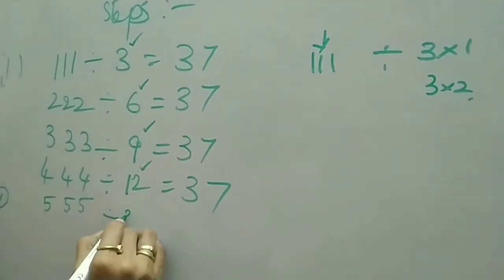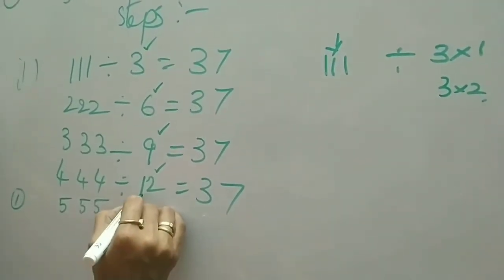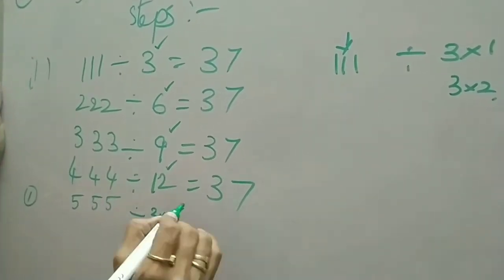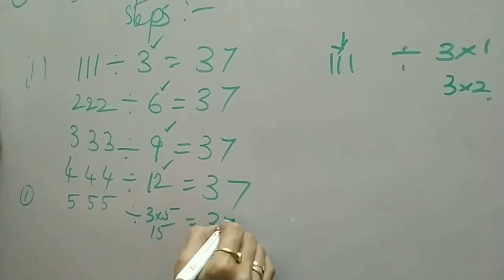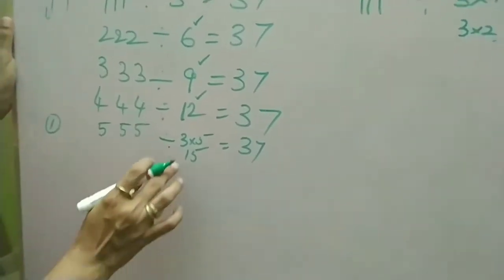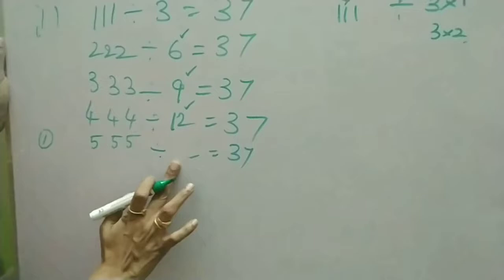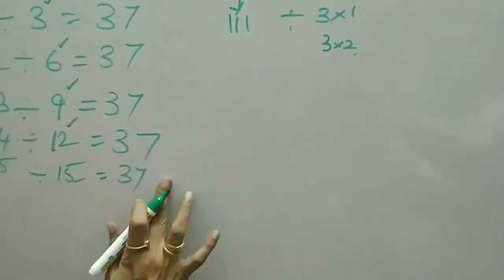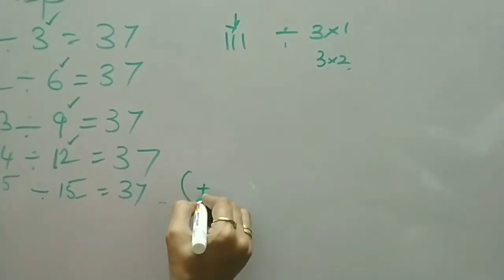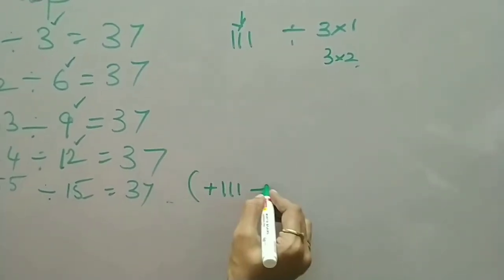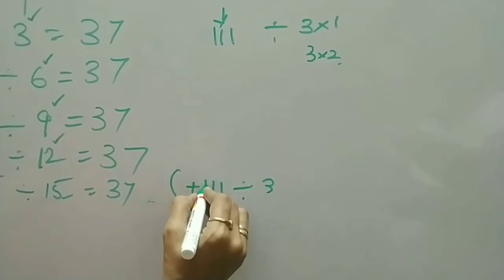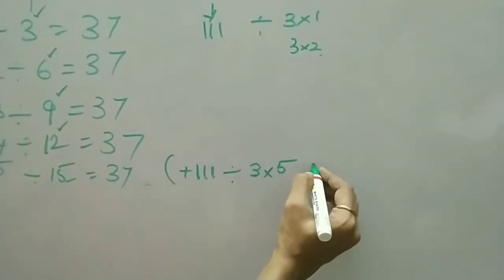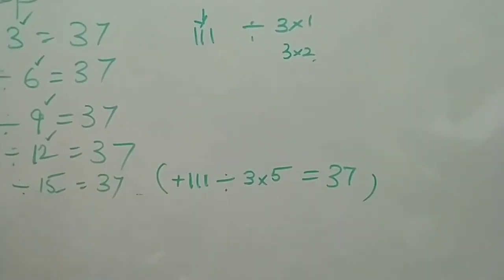For this one, 3 into 5, that is 15, right? So as it is, here also you are getting 37. So instead of this, directly I am writing 15 here. By adding 111 and dividing with 3 into 5, you are getting the same number.